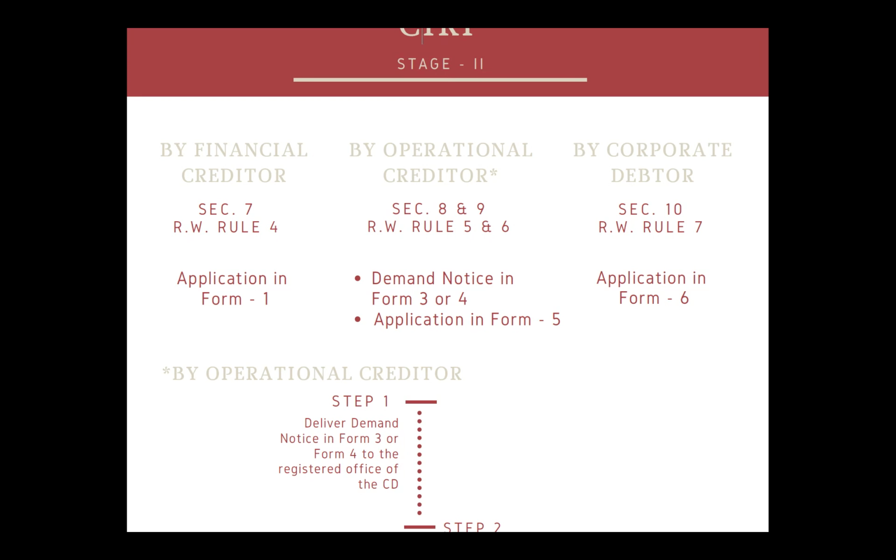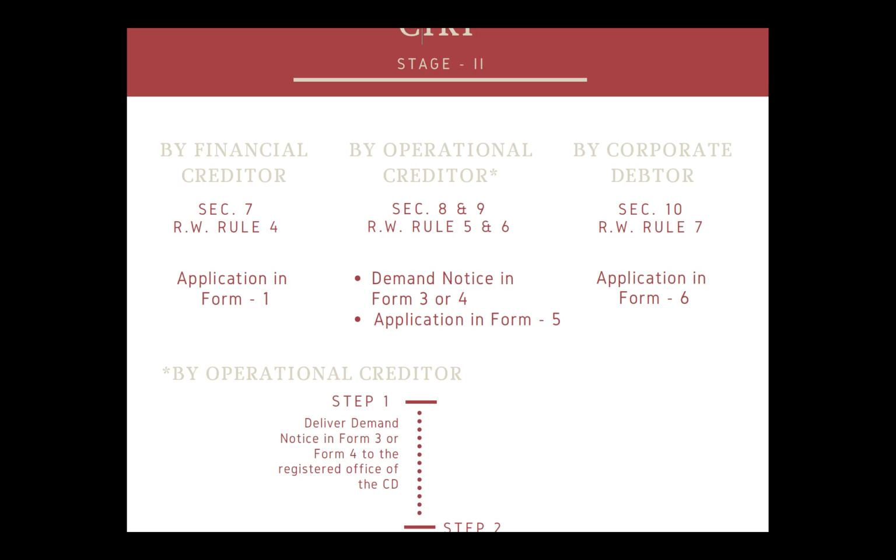This was debated to an extent that it went to the Supreme Court, and finally in the landmark judgment of Swiss Ribbons, the Supreme Court held that the differentiation between financial creditor and operational creditor is justifiable, and they have quoted what the BLRC has also come up with. They have said that the financial creditors are the people who did the due diligence of the company, and hence they also know. I'm sorry, that's the later, polished part. But basically, the financial creditors are the ones who give loans through a transaction that is completely recorded.